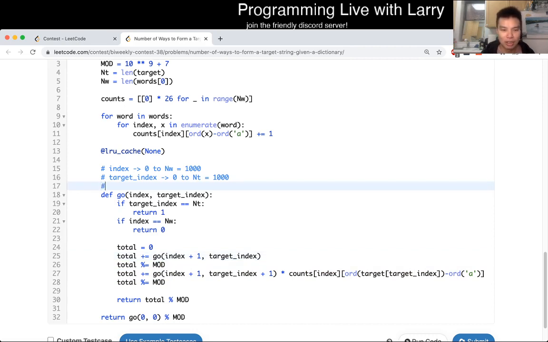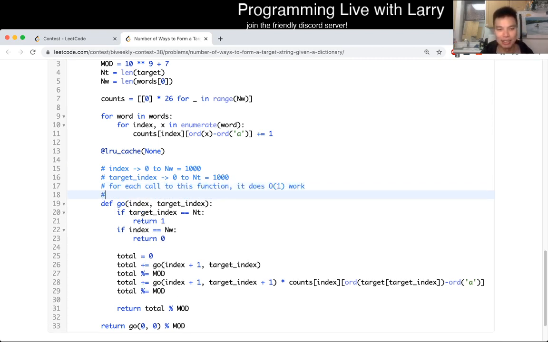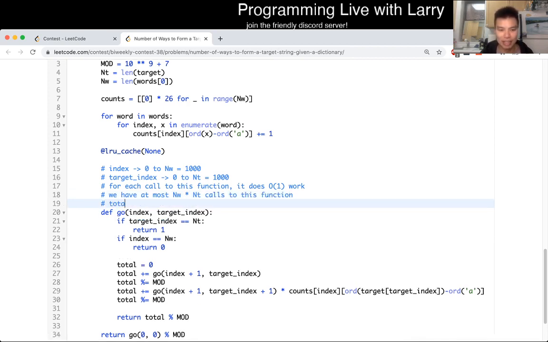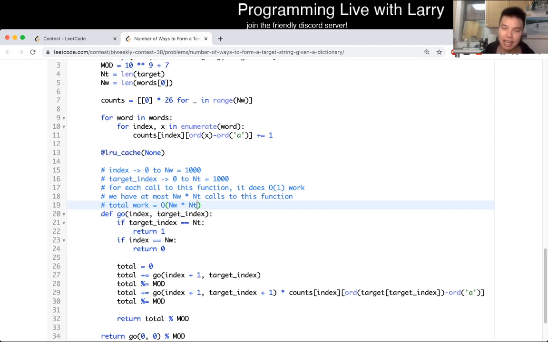So for each call to this function, it does all of one work. We have at most 1,000 times 1,000, or N sub W times N sub T calls. So total work is O of N sub W times N sub T, and that's pretty much the time complexity.